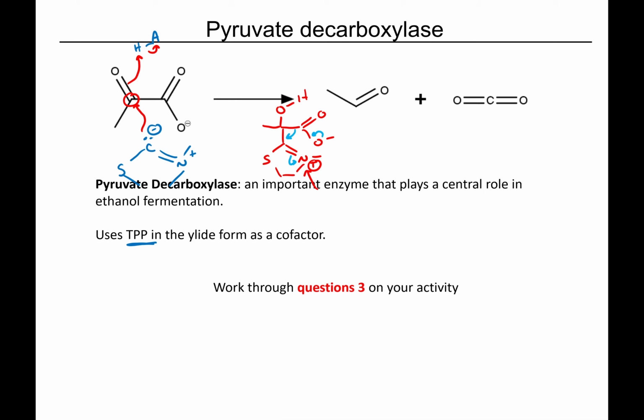Okay, when we do this, we now have lost our CO2, and we basically have a version of this that is covalently anchored onto our TPP cofactor. So at this point, the product is not a double bond, it's a single bond there.